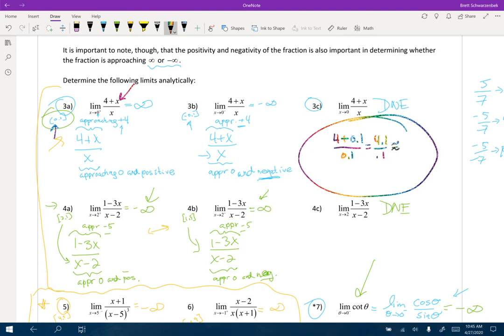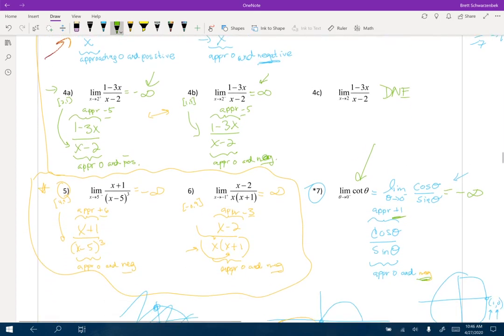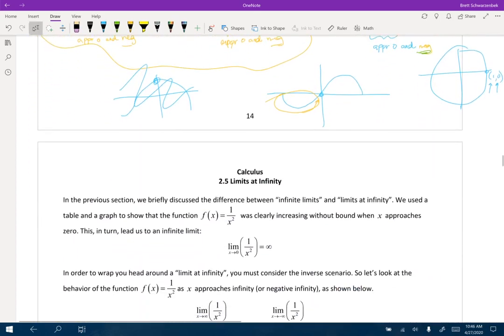Don't do that. That is not what you do. This method is basically an approximation method for what you're approaching. It is not a literal method for plugging in numbers. If you do that, you're basically going to put yourself in automatic wrong answer mode. So don't do this. This is just for approximation of what's going on as we head to the next section.